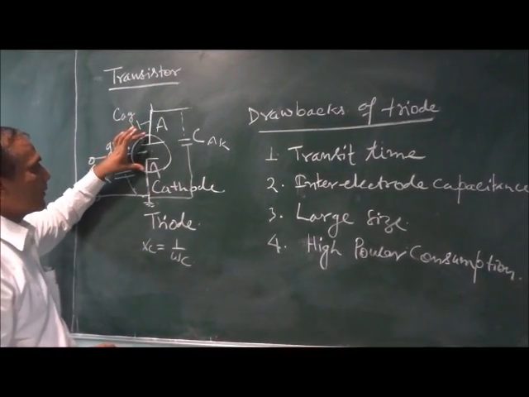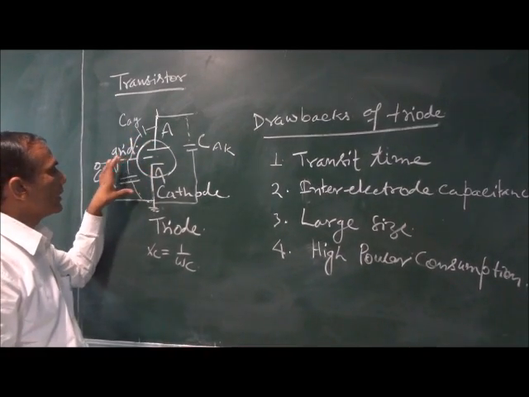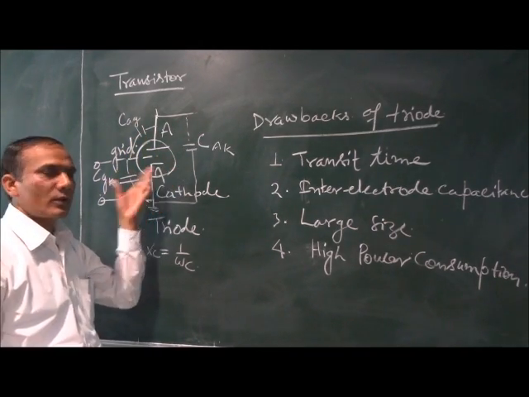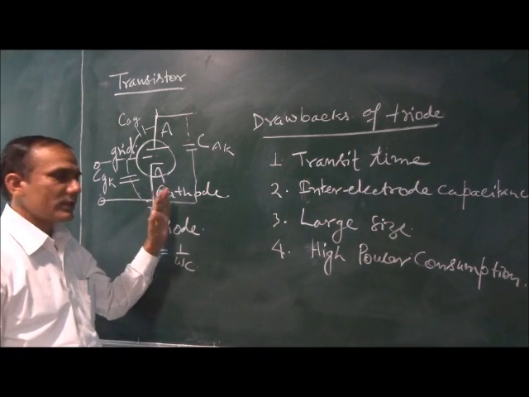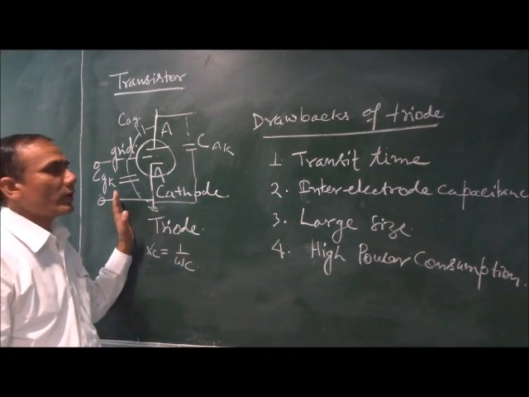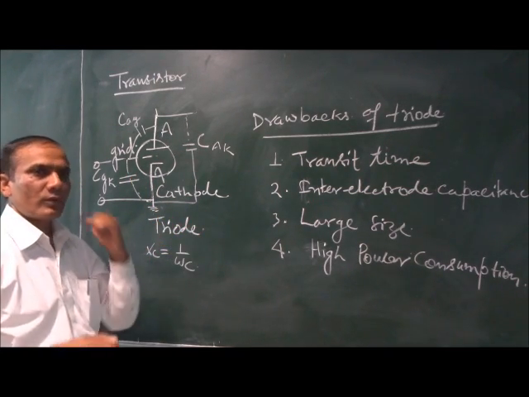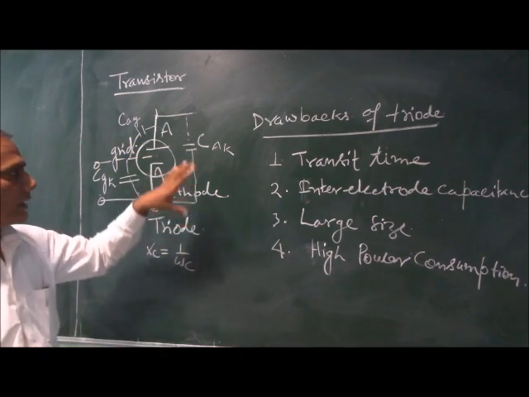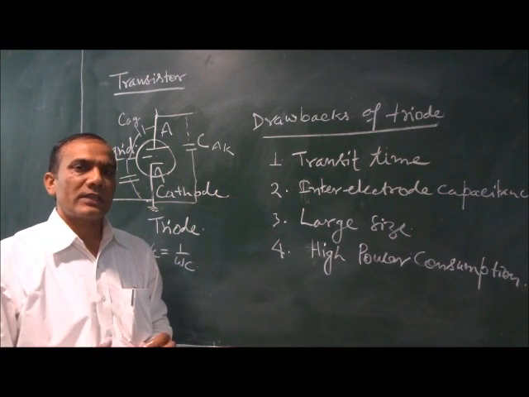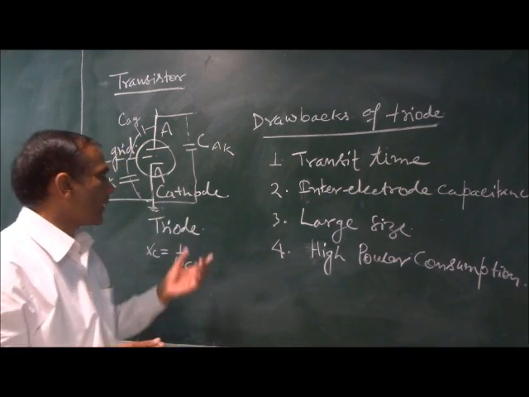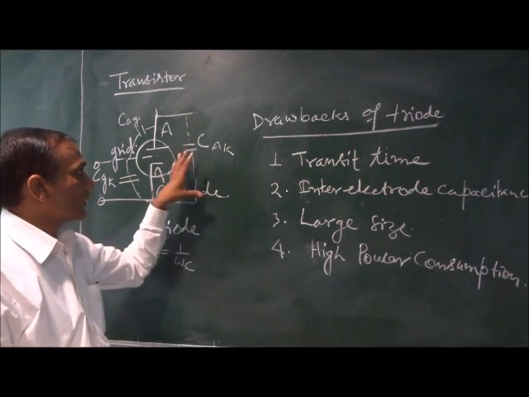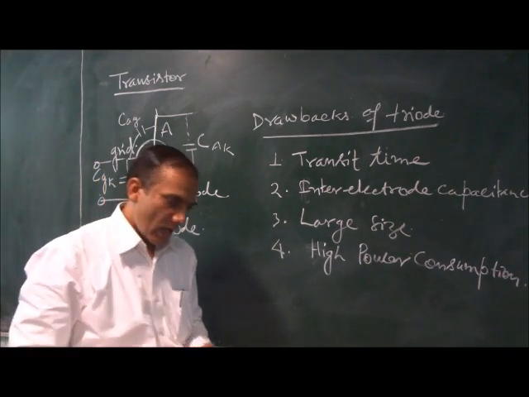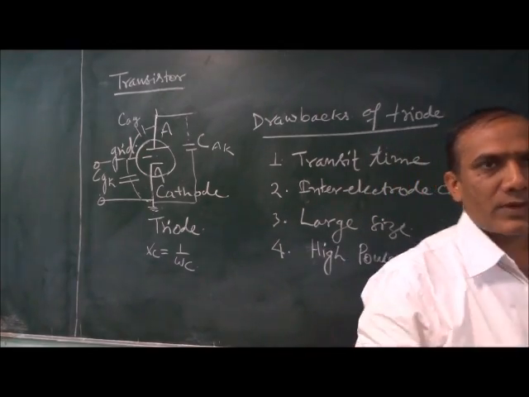Because of the larger gap between the cathode and anode, and the higher power handling, if you are using this triode at high frequency and amplifying the signal up to a very high power level, for example in the output stages of a transmitter where you require a very high level of power, then certainly the power consumption of the tube was very high, because of the large electrodes and very poor efficiency.